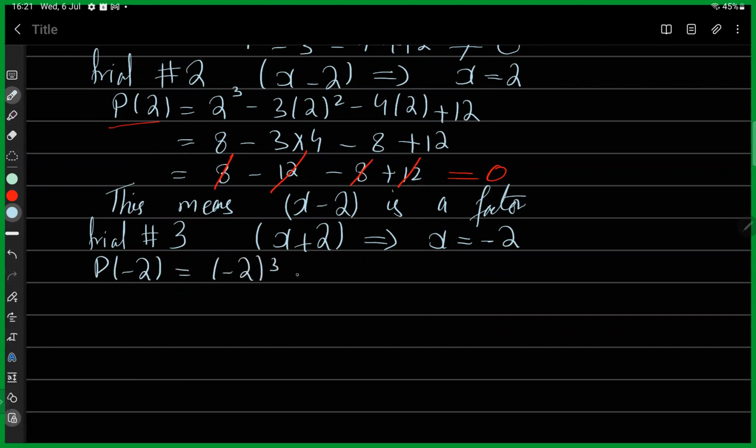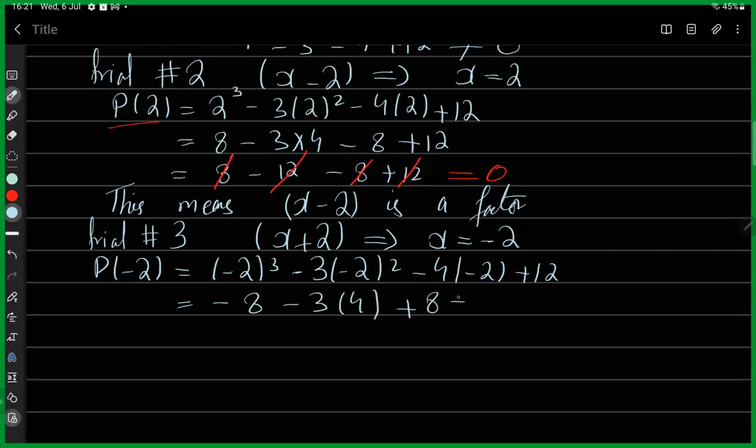Minus 2 cubed, minus 3 into minus 2 squared, minus 4 into minus 2 plus 12. It would give you minus 8, minus 3 into 4, plus 8 and plus 12, which is minus 8, minus 12 plus 8 plus 12.